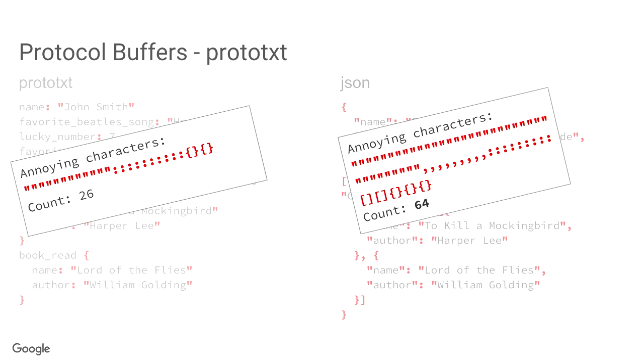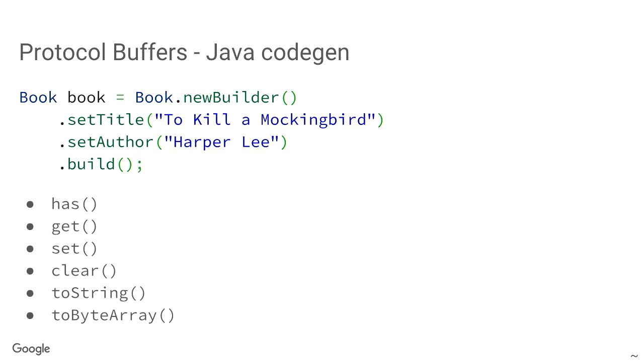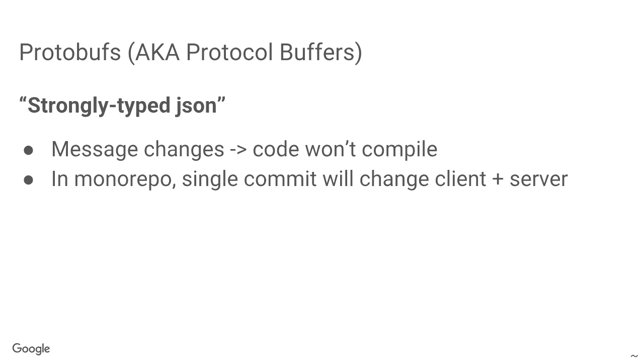So that's proto.txt. And also, protocol buffer generates code for you. So for every language that is supported, and there are many languages that are supported, you get code generation. For example, with Java, you get these objects for free, which have getters, setters, and a lot of related functions that come with them.